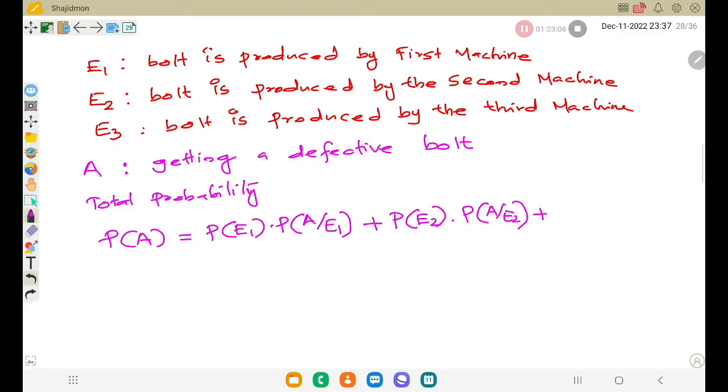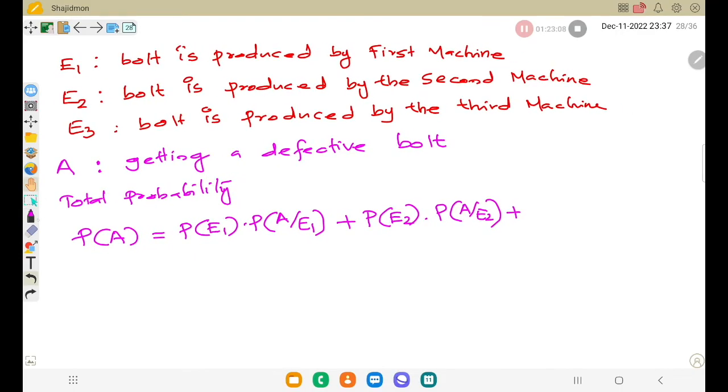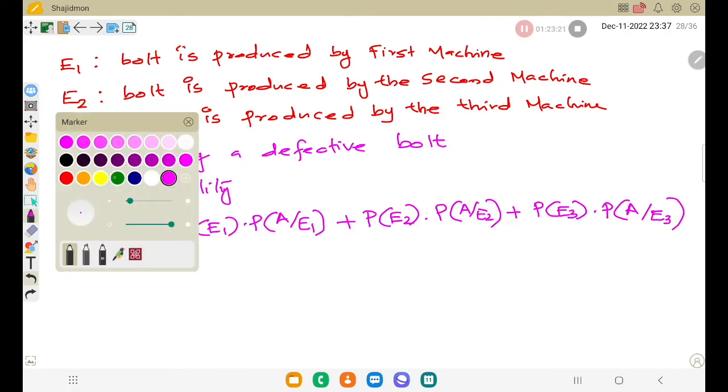Plus the third partition, because here we have three partitions. So, probability of E3 multiply probability of A given E3. This is what we are telling, the total probability, correct? All the branches we need to consider here.